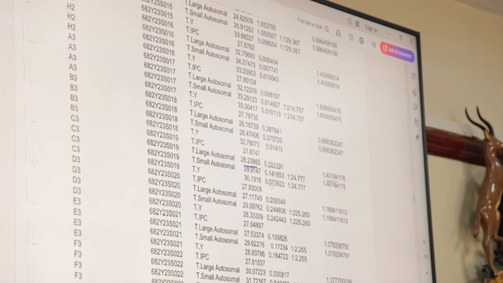And T small, 0.14. That's an indication of what? That there's likely male and female DNA in there. But you notice that they are different. They are different, yes.